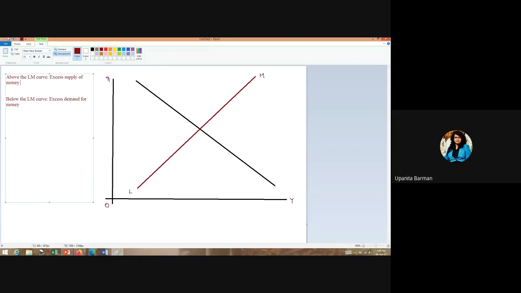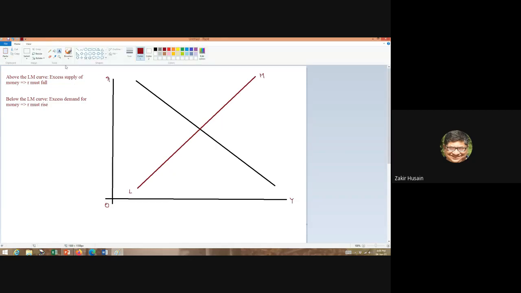Yes, so R must fall. And if you have excess demand for money, then by the same logic, as we saw in the earlier slides, R must rise.